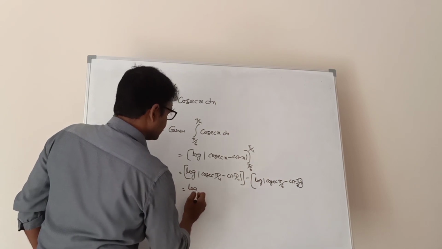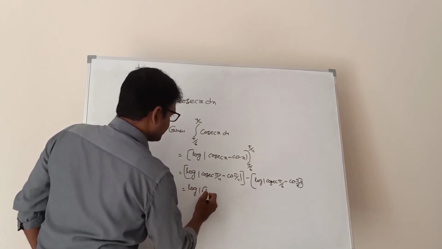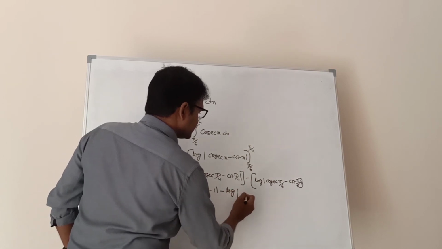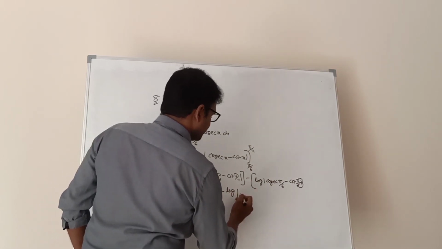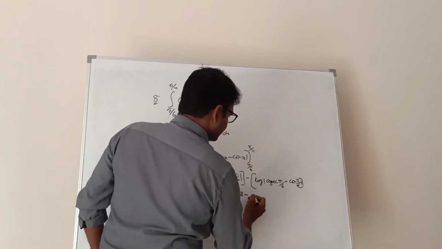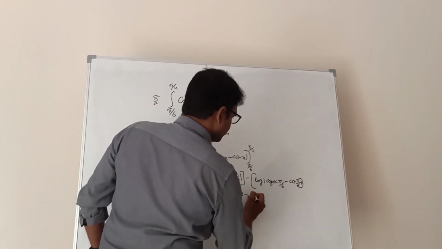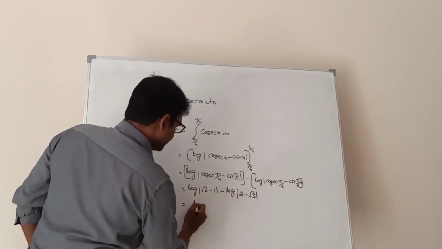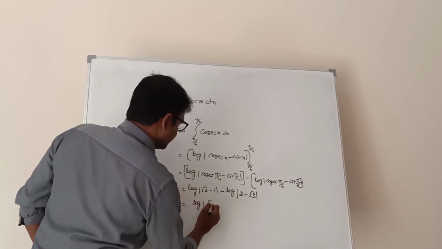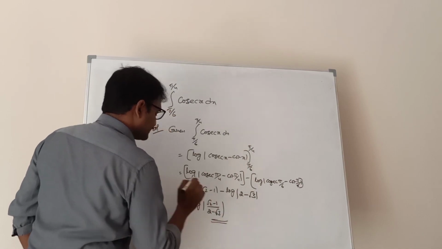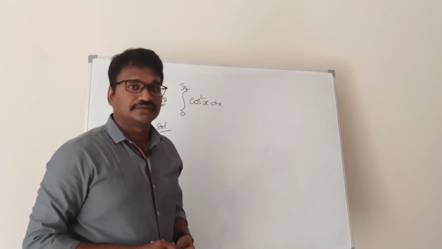Log mod cosec 45 value root 2 minus cot 45 value 1. Log mod cosec 30 value 2 minus cot 30 value root 3. So log a minus log b means log of a by b, 2 minus root 3. This is the value of the given function.